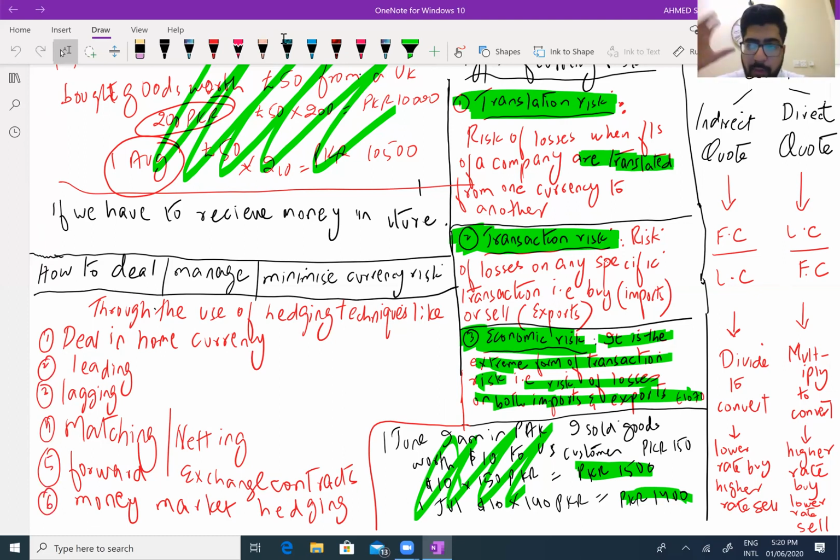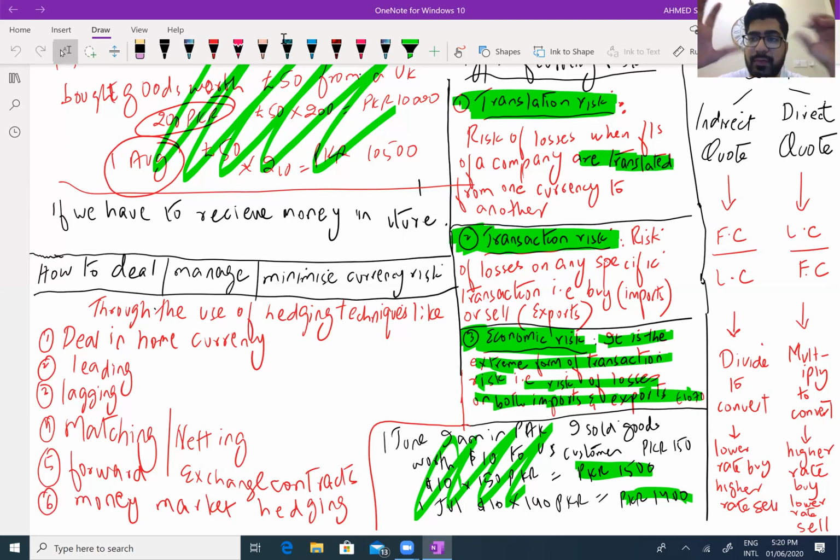Now, our agenda is not just to tell you, okay, guys, these are the three types of currency risk and that's it. No, we are studying risk management. Currency risk is the reality. You cannot prevent it. Whenever you have to pay, there is always a risk that rates will go up.